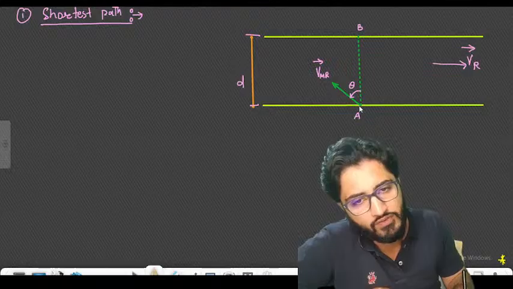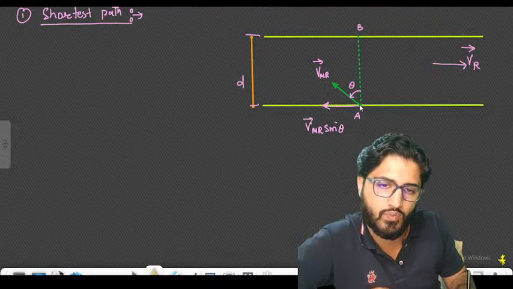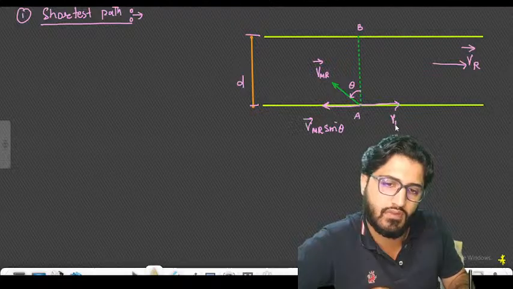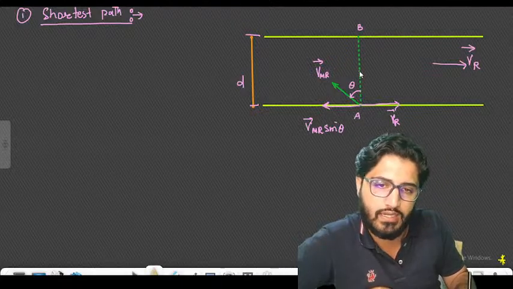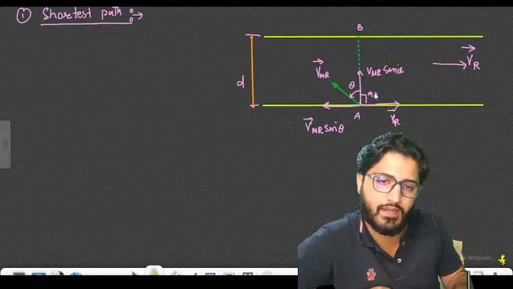Look now, we can make two components. One component is VMR sine theta, along this line. Here is VR. This angle is 90 degrees.